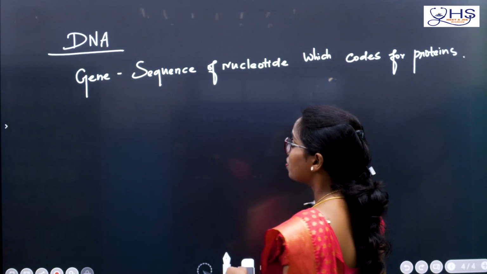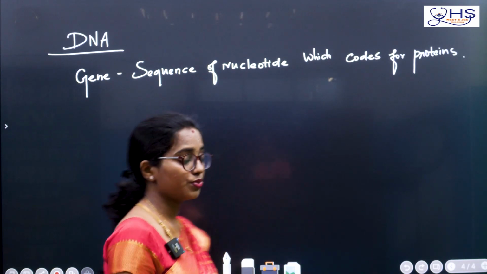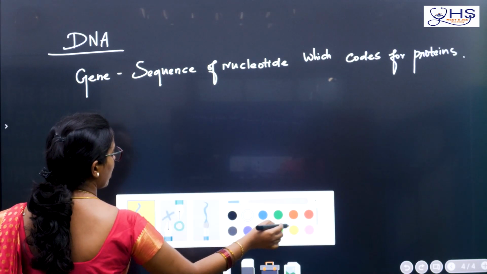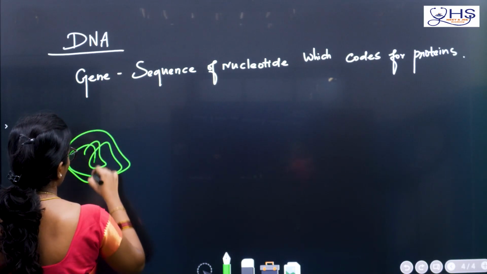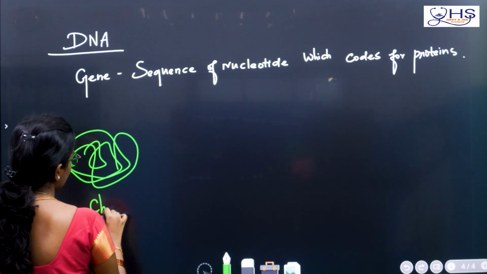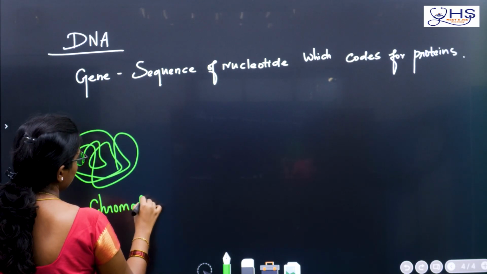Okay. So genes are present on DNA and the DNA makes up the chromosomes. So here first we understood the structure called chromatin.